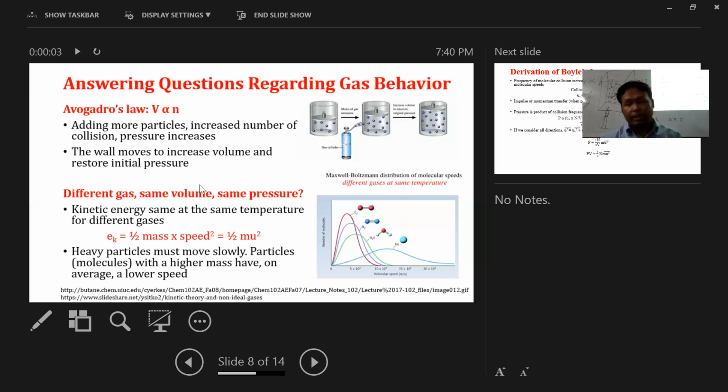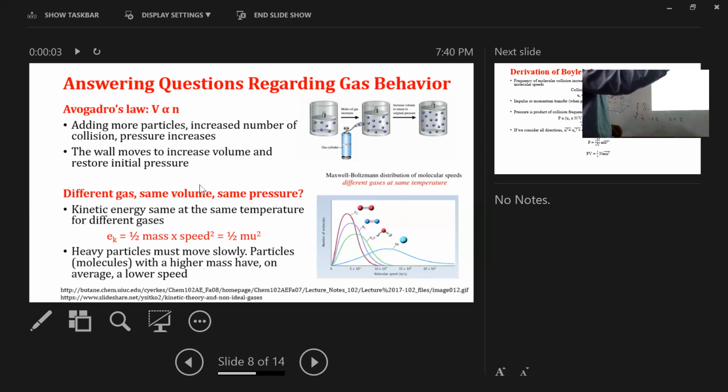Here, what is the figure we are showing? We had a few molecules. Now, this is a system, a gas cylinder. We are connecting this gas cylinder to this container so that we are adding some molecules to it.